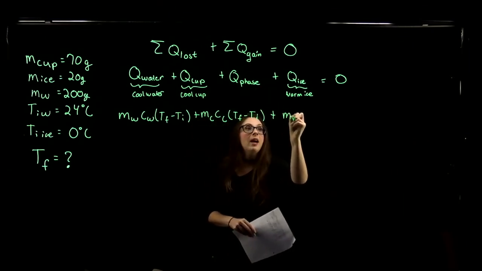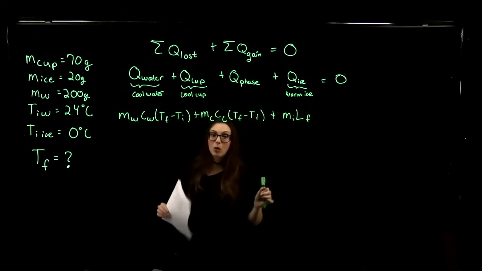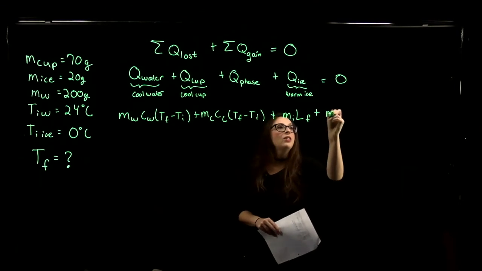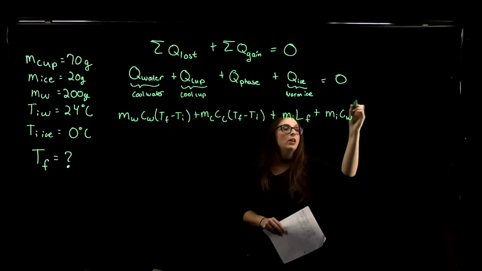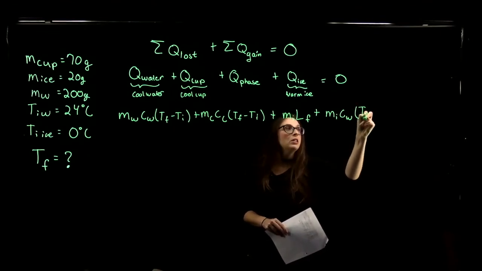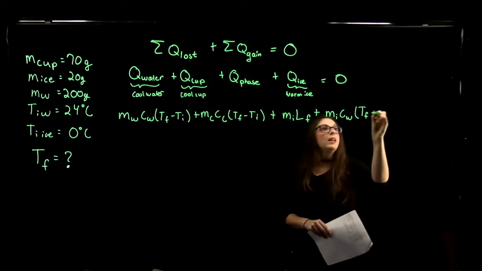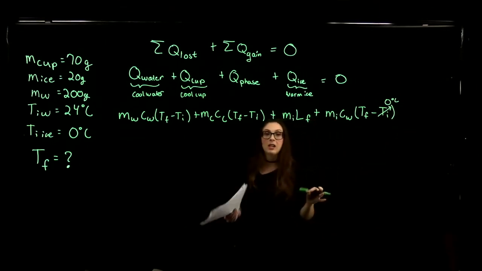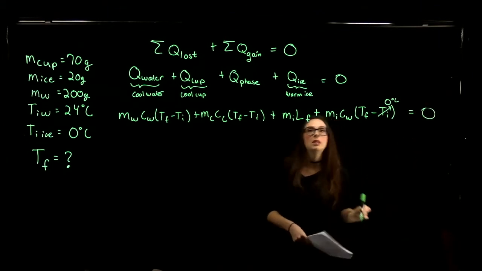That will be the mass of our ice cube times the latent heat of fusion, plus the mass of the ice times the specific heat of water times the final temperature of my equilibrium system minus the initial temperature of the ice cube, which we said was 0 degrees Celsius, because we're assuming that the ice cube is starting from 0 degrees Celsius. That all has to equal 0.